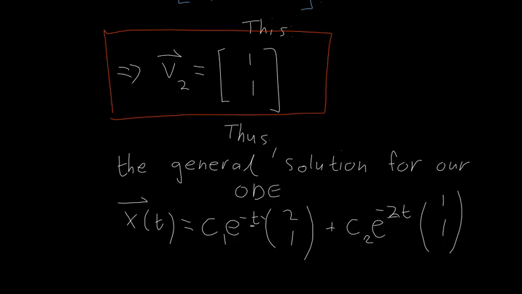So back to this guy here. Remember, this is representing eigenvector V1. This represents eigenvector V2. And the late time behavior is dominated by the slowest decay, as I mentioned. I just want to make sure you're understanding that.